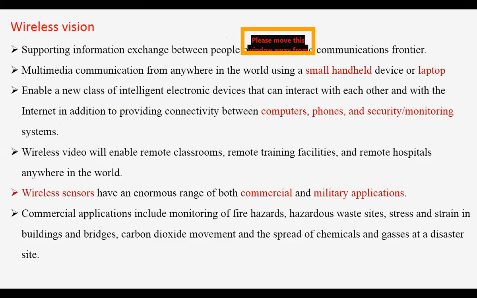So what is the vision? Supporting information exchange between people or devices in the communication frontier, multimedia communication from anywhere in the world using small handset devices or a laptop, enabling a new class of intelligent electronic devices that can interact with each other and with the internet, in addition to providing connectivity between computers, phones, and security monitoring systems.